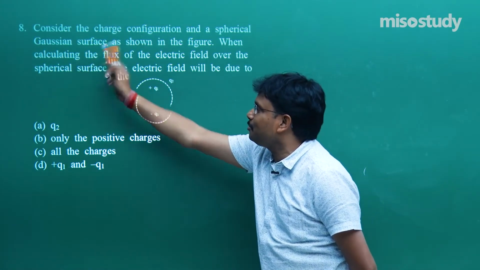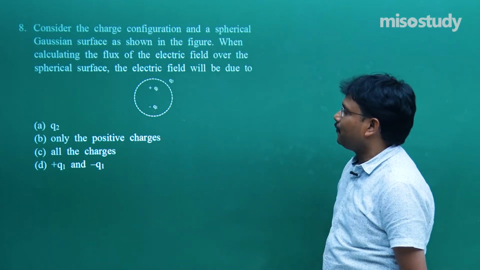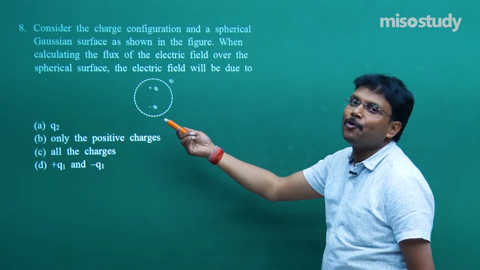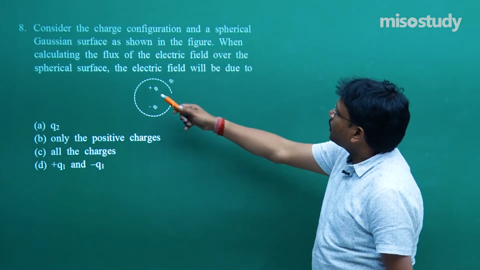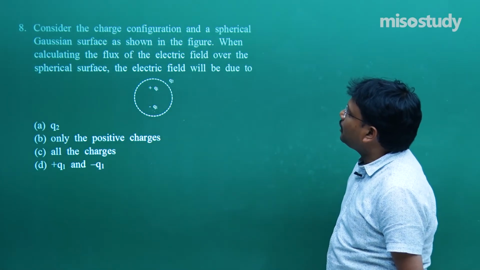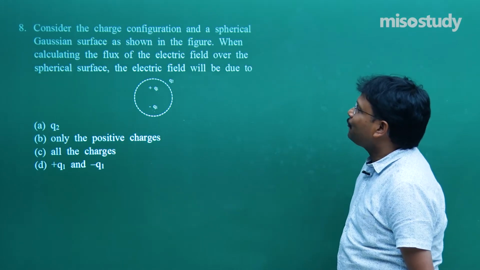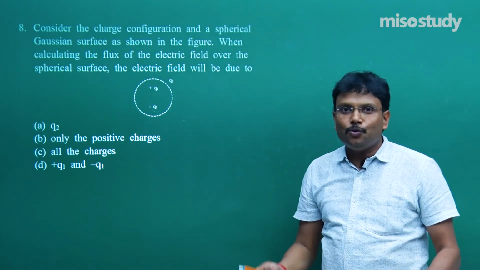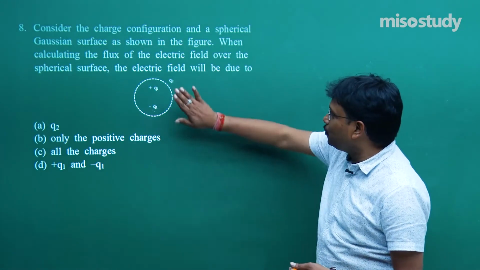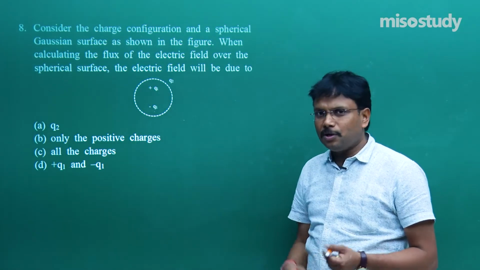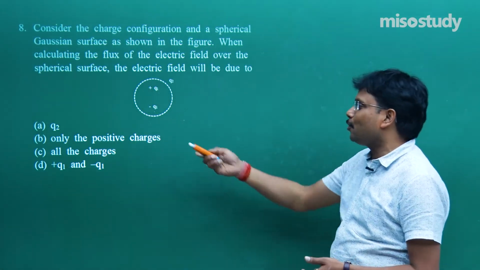The moment they mention the term Gaussian surface, as shown in the figure, the Gaussian surface is a simple spherical surface. So the area is going to be 4 pi r squared. When calculating the flux of the electric field over the spherical surface, which one will the electric field be due to? Either due to Q2, or due to Q1, or due to minus Q1, due to which the net electric field is going to be.